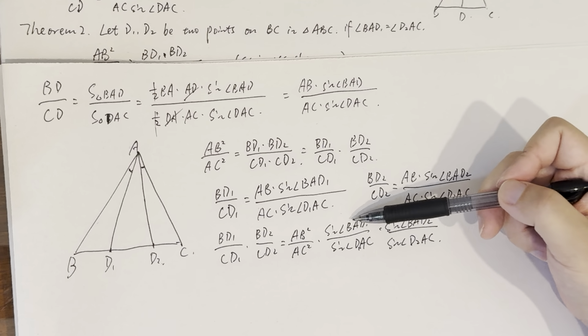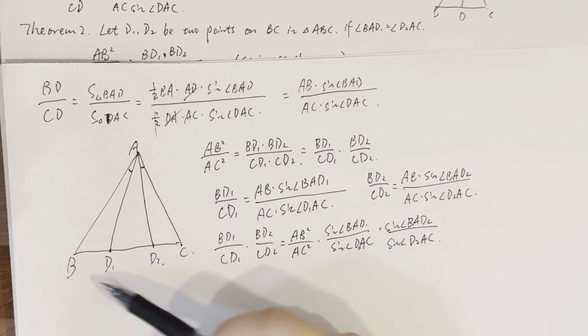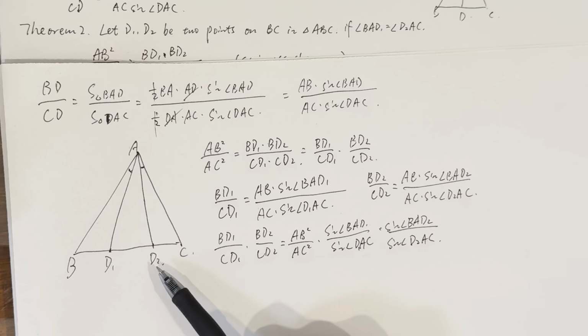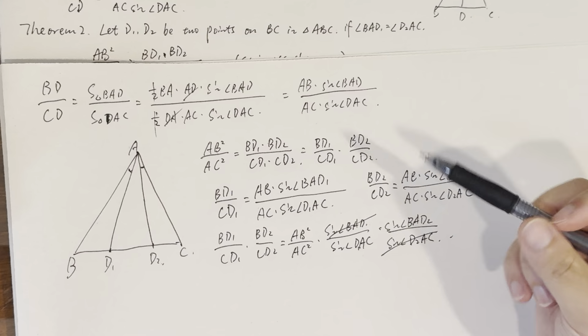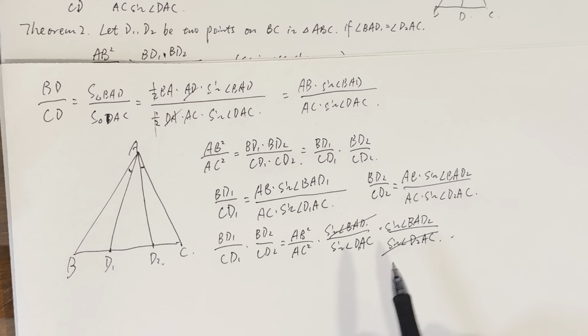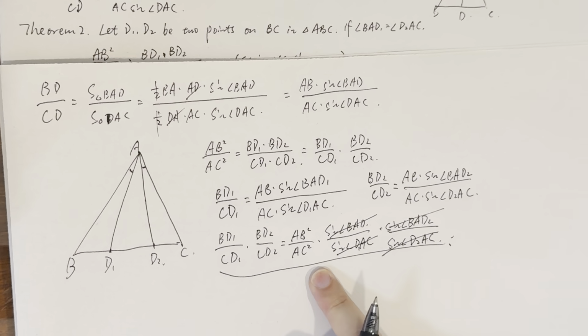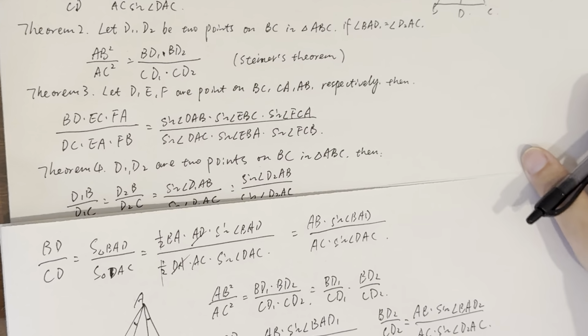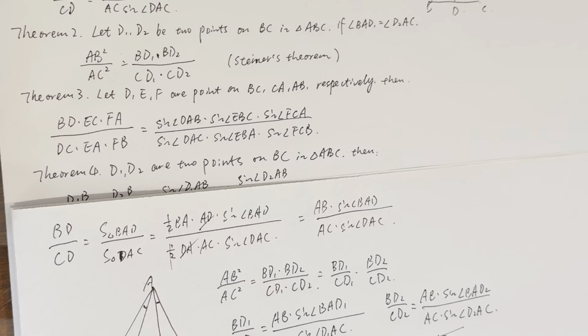Notice that angle BAD1 equals angle D2AC, so these two cancel. And angle BAD2 equals angle D1AC, so these two cancel. Then we can prove that AB squared to AC squared equals BD1 to CD1 times BD2 to CD2, right? This theorem is usually called Steiner's theorem, and we will see this later.